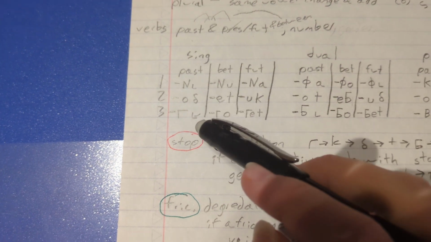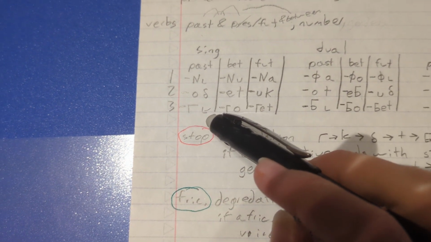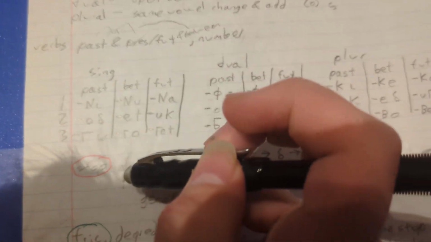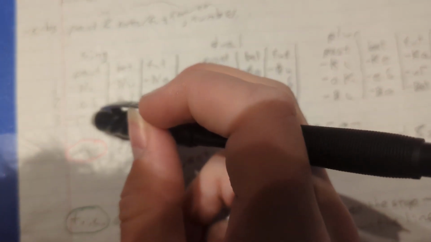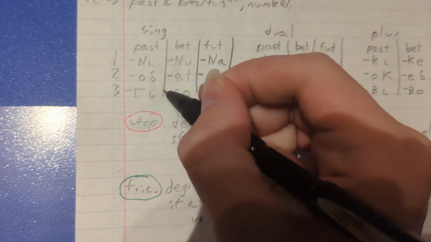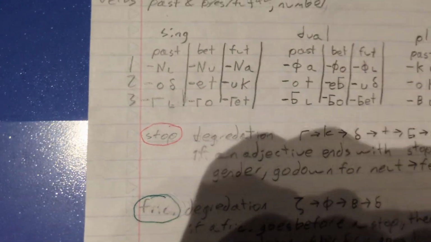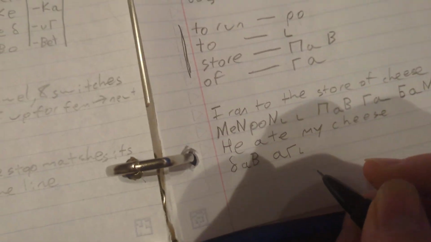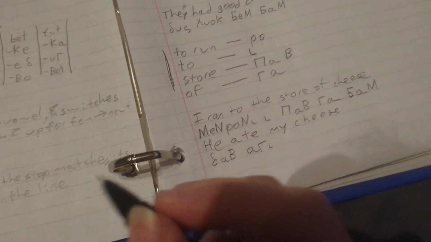Singular past, yeah. What the fuck? Oh, what? That's supposed to be an E. I don't know what that weird line was. But anyways, Agi, Vav Agi, and then cheese of me.